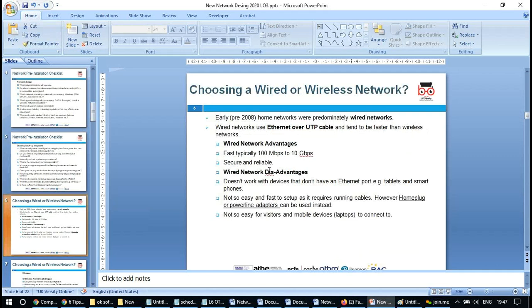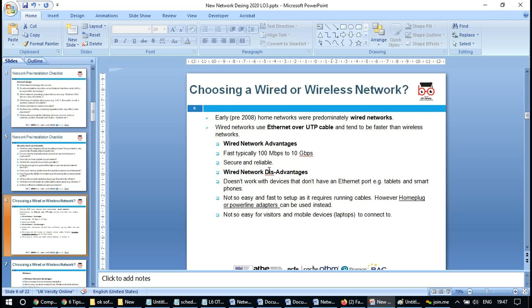Then, keeping these points in mind, you need to think about whether you need to go for a wired network or a wireless network, isn't it? Until 2008, home networks were predominantly wired networks.